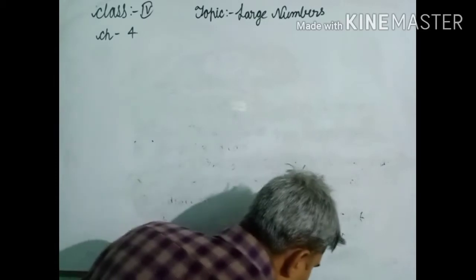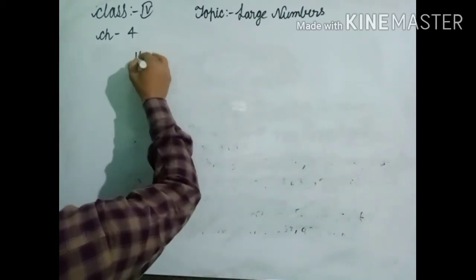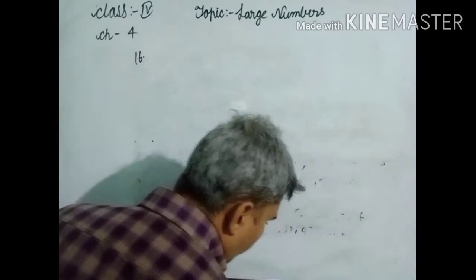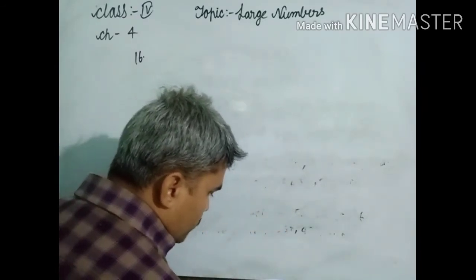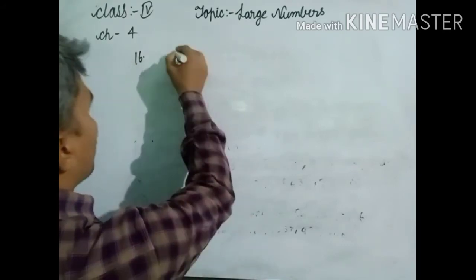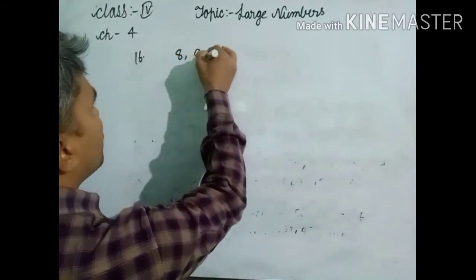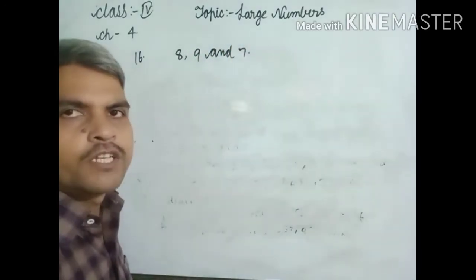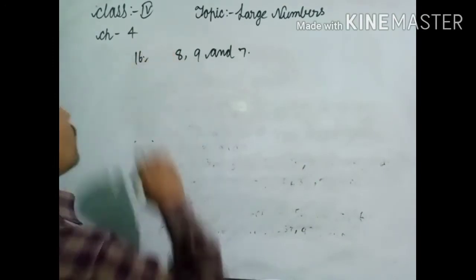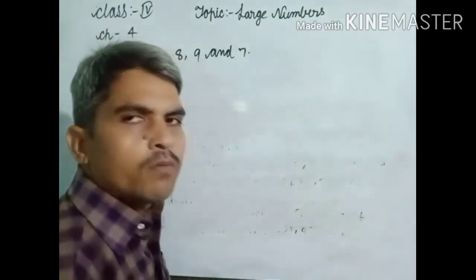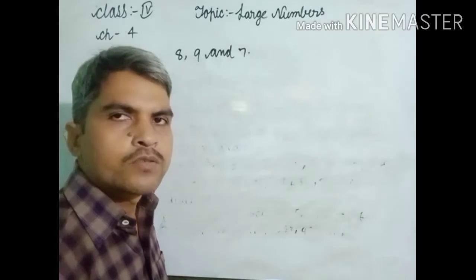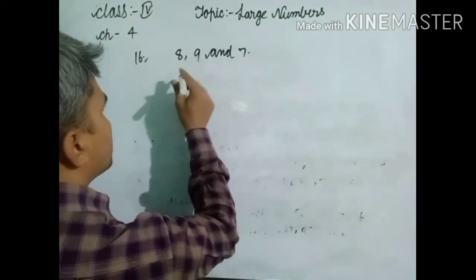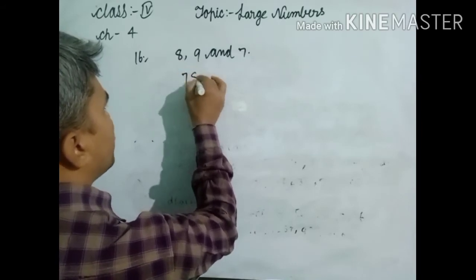Now, question number 16. What does question number 16 say? Dear students, write all the possible 3-digit numbers from 8, 9 and 7. This is a very important question for you, because such problems come in next classes. At first, who is the smallest number? 7 is the smallest number. So you write 789.